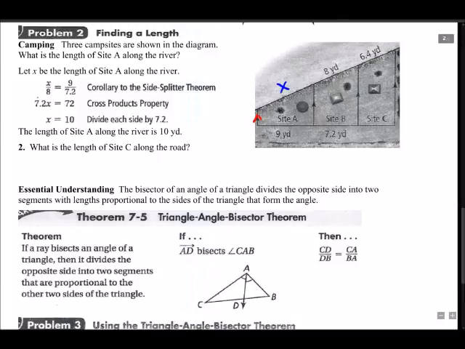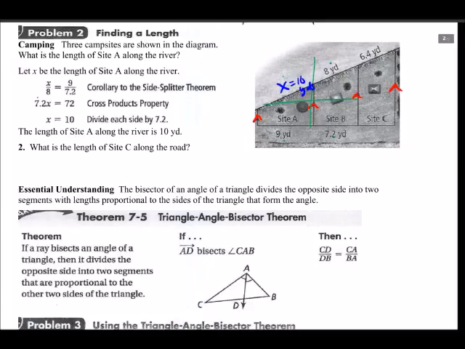We know that these lines right here are all parallel. So that means we have proportions, and we can just draw in a foursquare and say that x compares to 8 as 9 compares to 7.2, and we can find out that x equals 10 yards. It's 10 yards long.